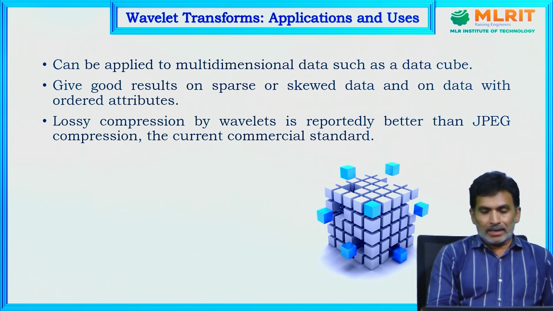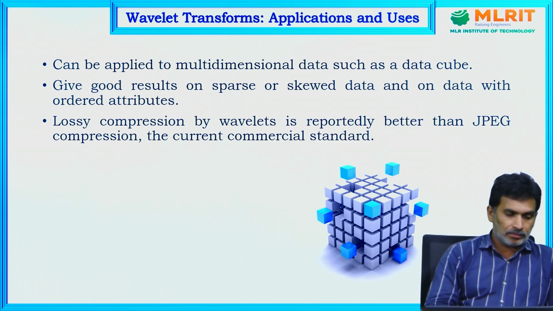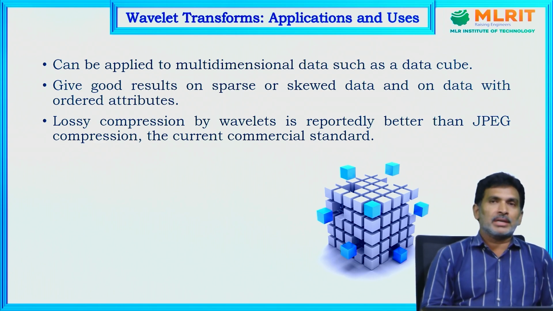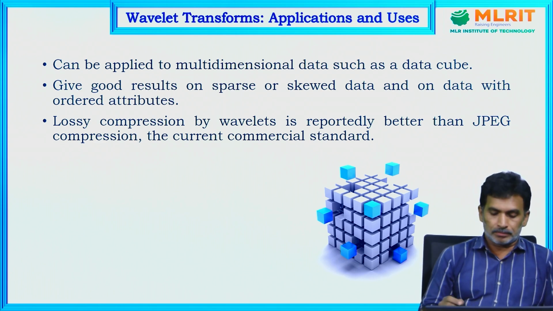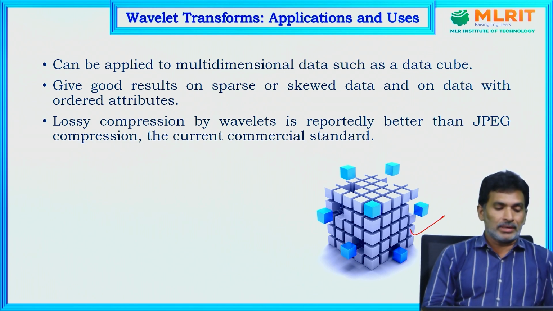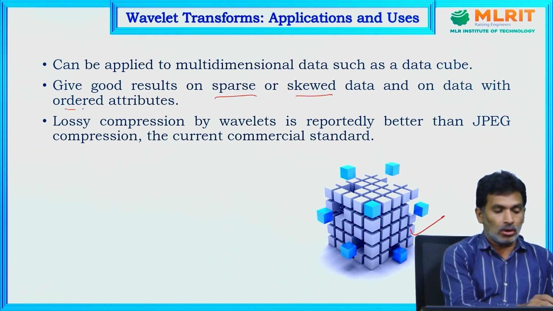If you look at the applications and various uses of wavelet transforms, they can be applied to multidimensional data such as data cubes. These wavelet transforms give good results on sparse or skewed data and on data with ordered attributes.